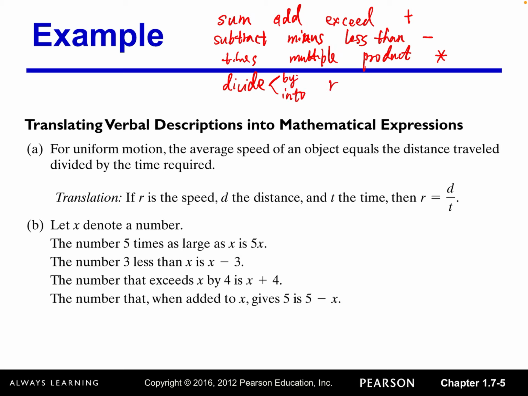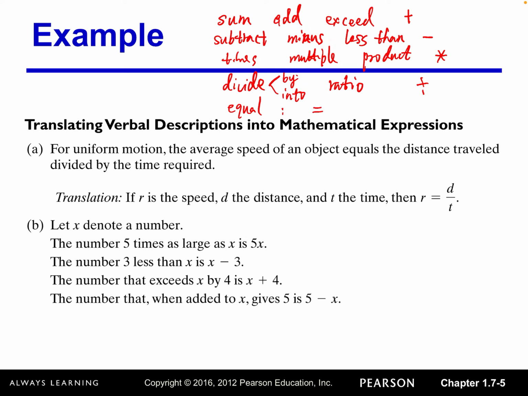And then ratio, those are all keywords that indicate the mathematical operation is a division. And the keyword equal, we translate mathematically to the equal sign.